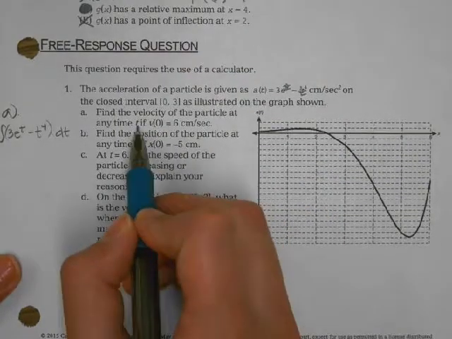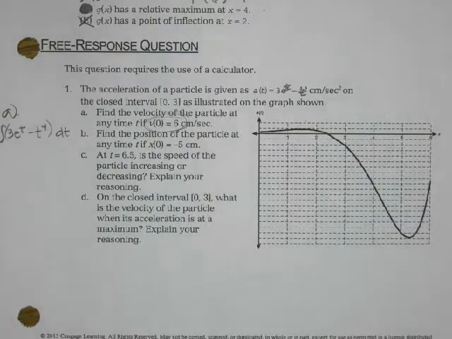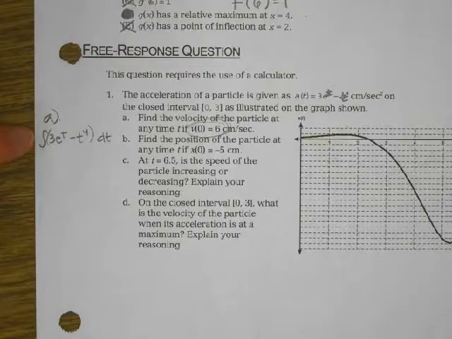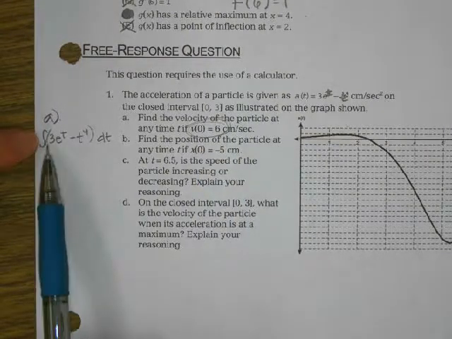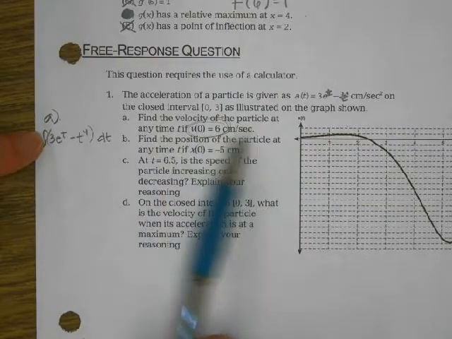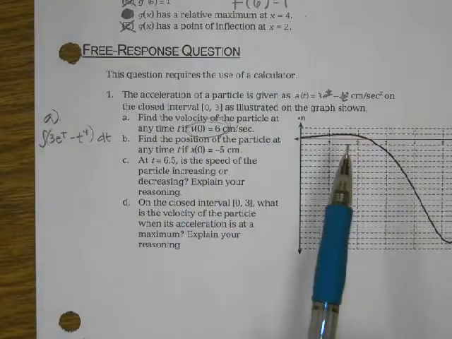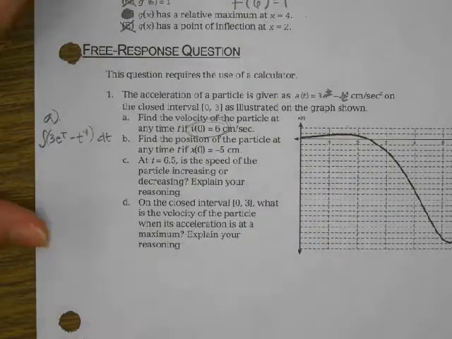Now it says to find it at time t, and it gave us initial conditions. That means we're going to have a plus c on the end because we have an indefinite integral. You'll notice I'm not using the endpoints. I'm not using 0 and 3 to evaluate this because the problem said to find the velocity at any time t. They want the formula. And they gave us an initial condition so we can solve for that c.